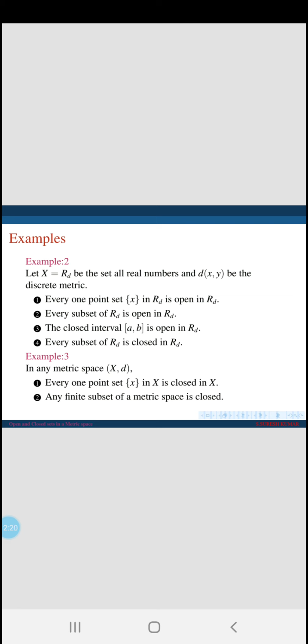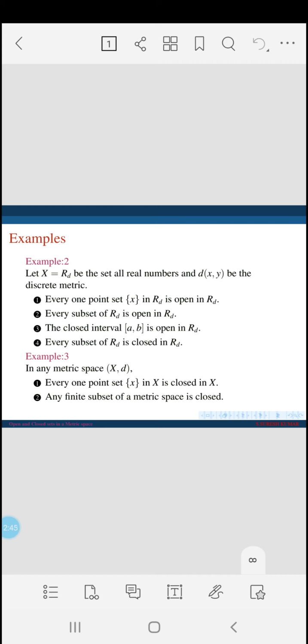Therefore, it is the union of two open sets. We already know that a union of open sets is open. Therefore, the set {0, 1} is open. Similarly, we can show that every subset of R with the discrete metric is open in R with the discrete metric. We denote R with the discrete metric by R_D.